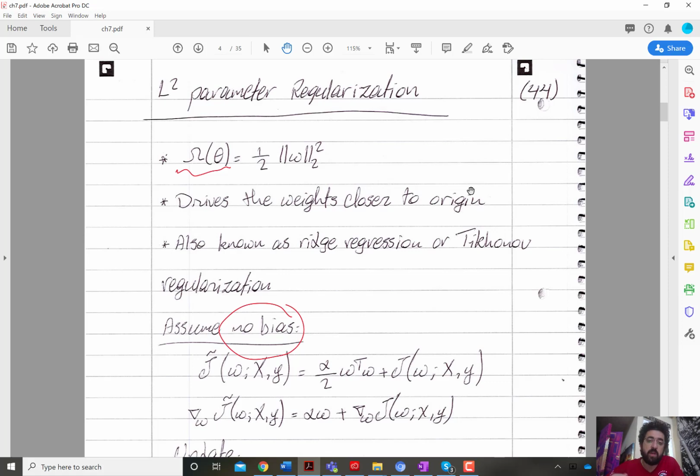This is the sum of the squares of every element, and then we add a half to this. This is just a technical thing, as it will simplify our interpretation of L2 regularization. But you could remove this half and replace it by any other constant, and you will get the same interpretation scaled by that constant.